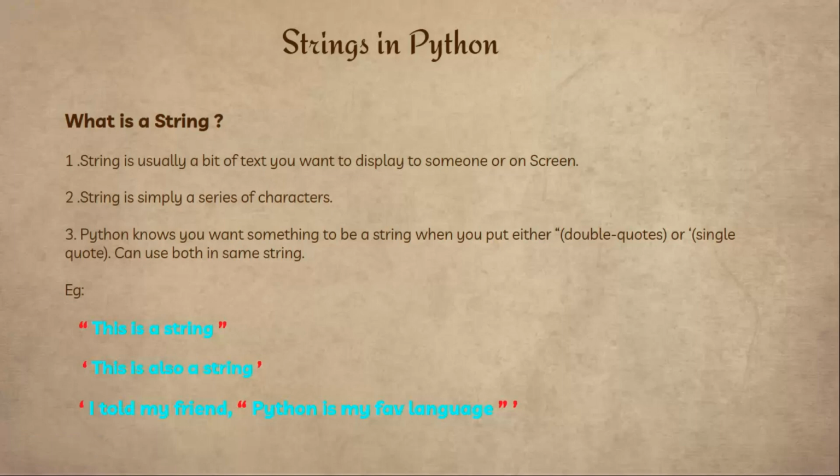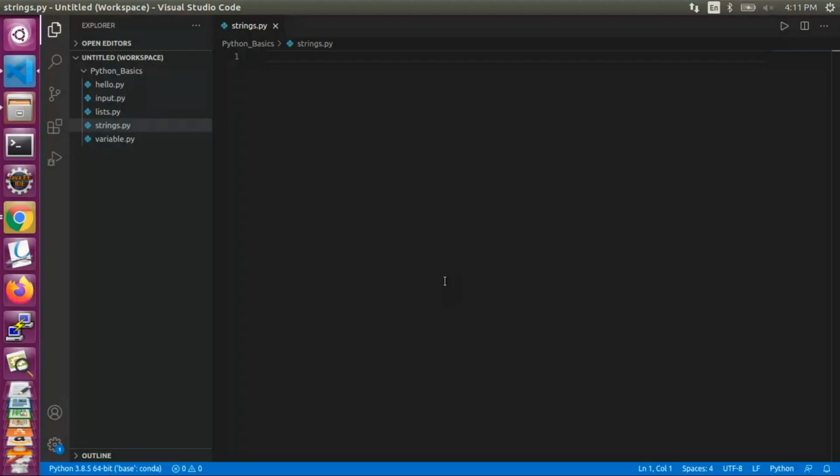We'll look into some code to let you understand what a string actually is in Python. Okay. Now I will show you the first example, how to use a string in coding.